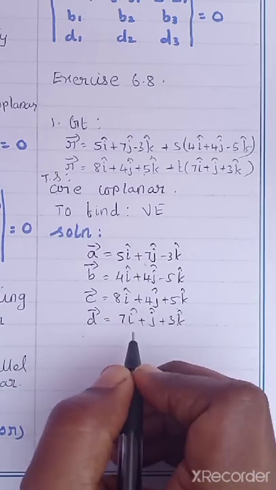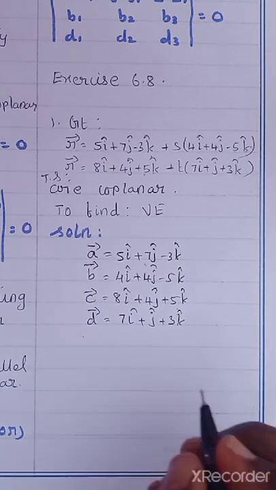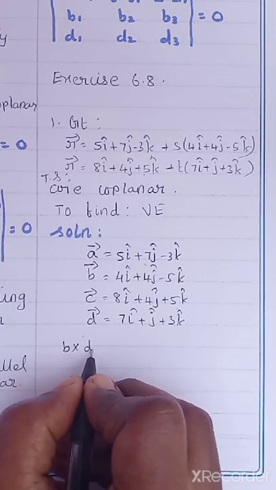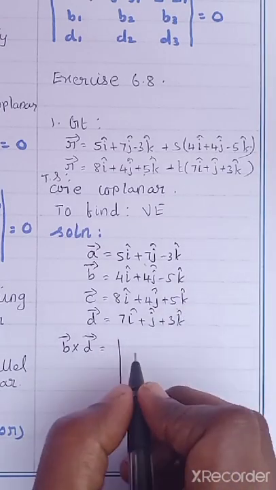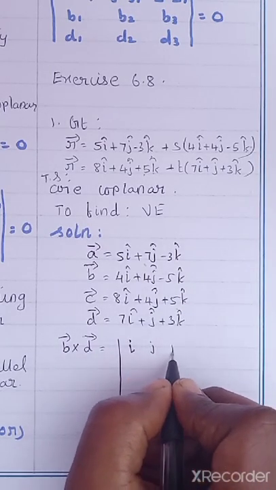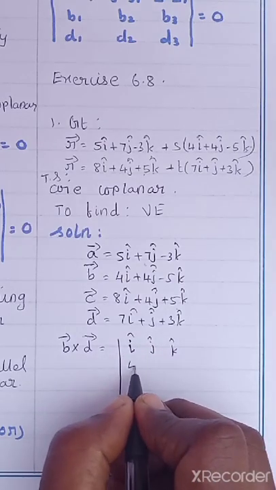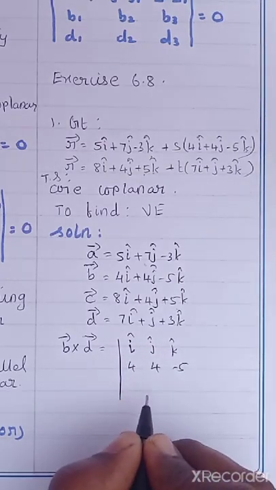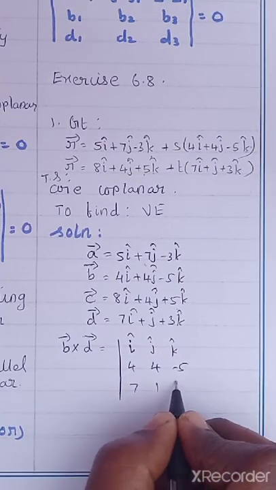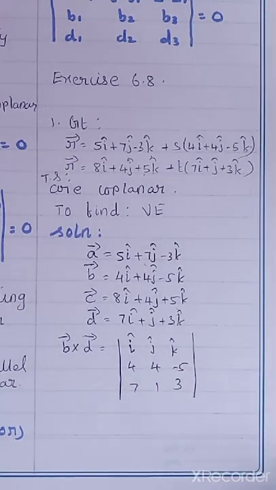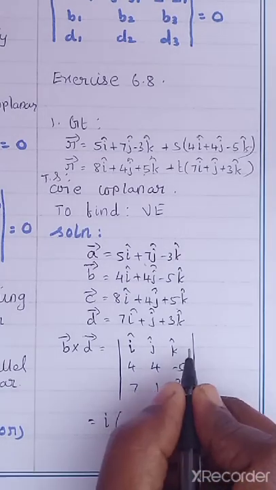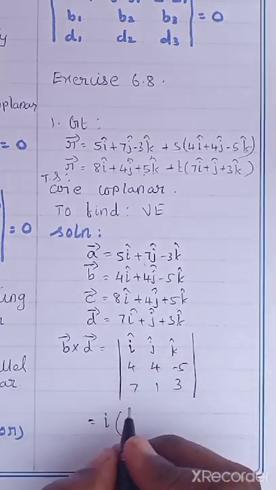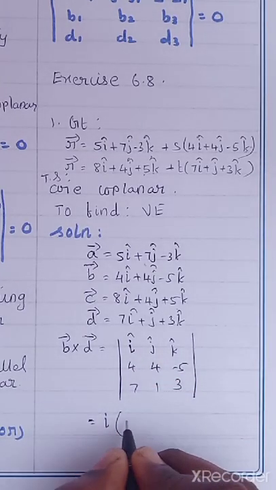So first we have to check whether it is coplanar. For finding coplanarity, find B cross D first. So what is your B cross D? The determinant with rows i, j, k; B is 4, 4, minus 5; D is 7, 1, 3. If we take the determinant of this, I'll give you the final answer.